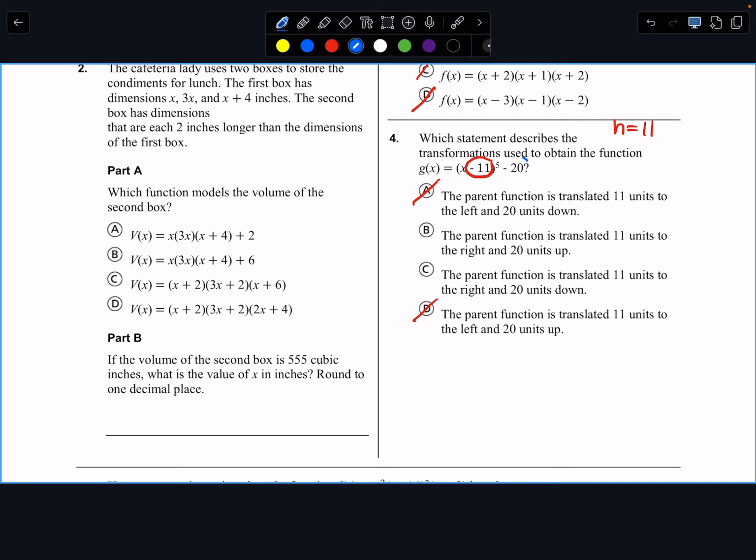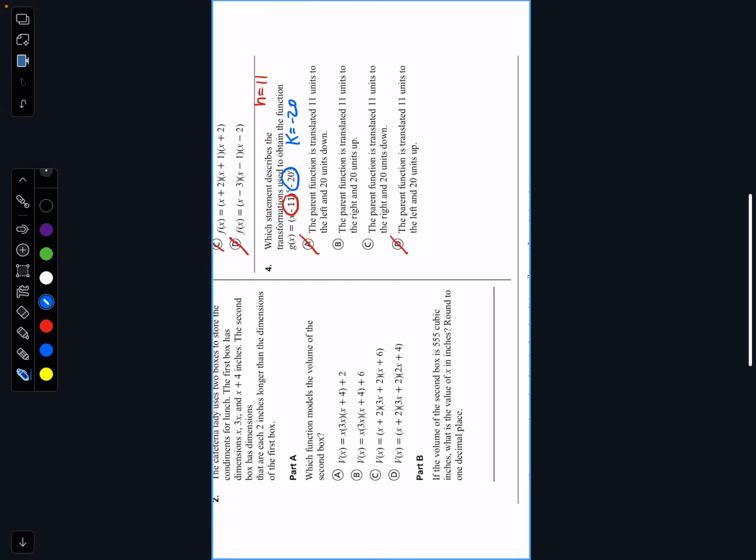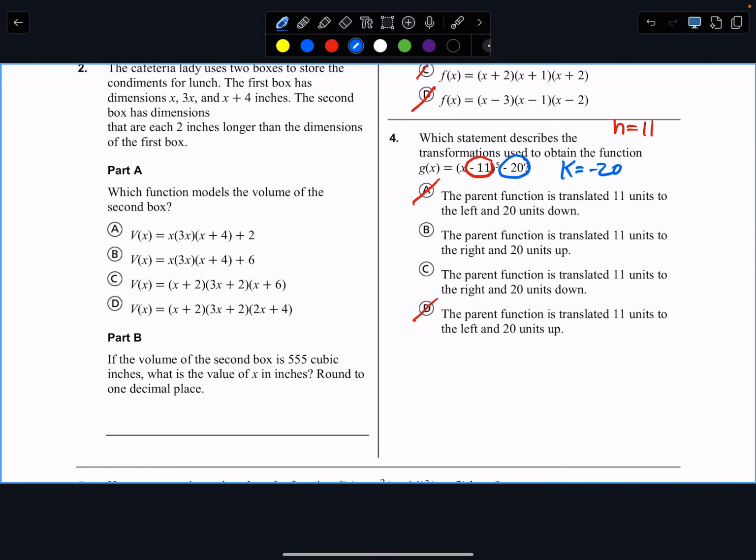What letter is in the place of negative 20? K is. What's our value for K? Negative 20. So when K is negative 20, what kind of transformation do we have? Down. So what's our answer? C. Does that make sense, guys?